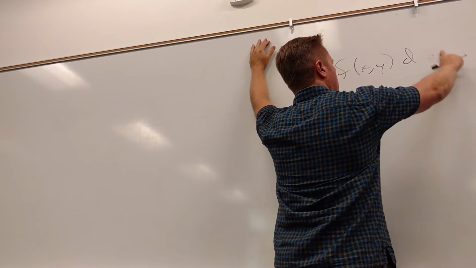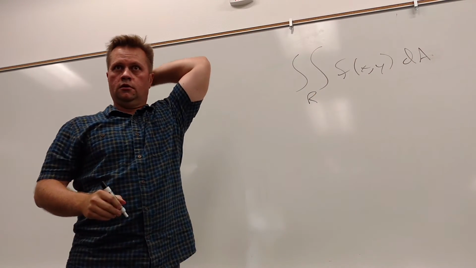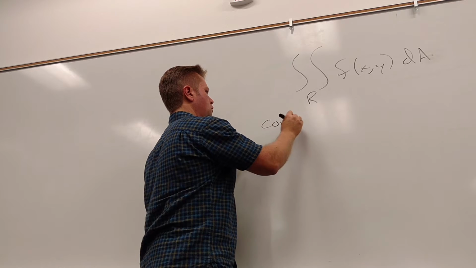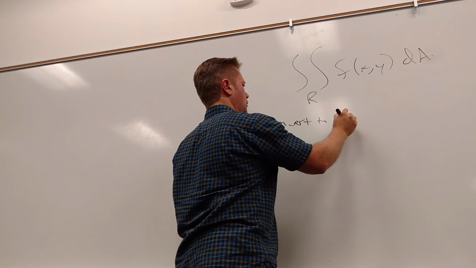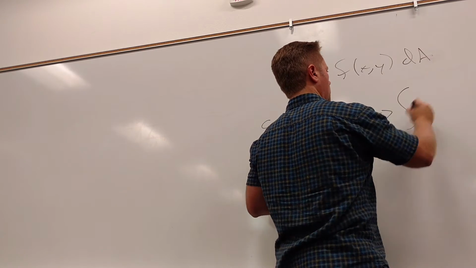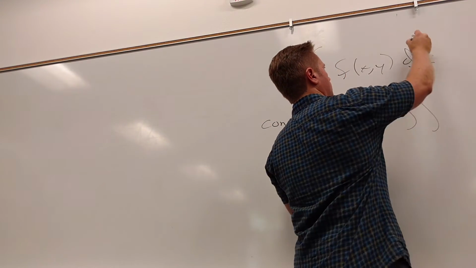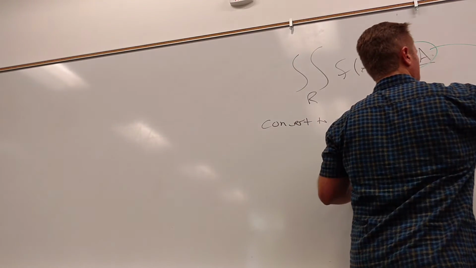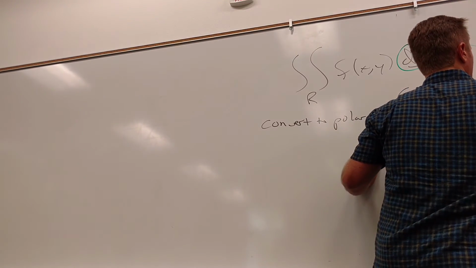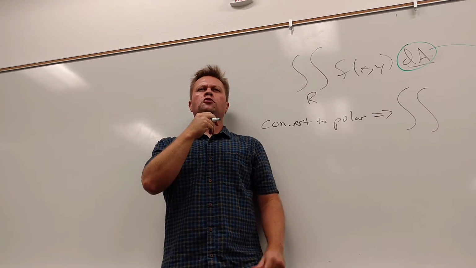Let's just say D. So if I want to convert this to polar, what happens to this? I like it. There's something called the Jacobian.